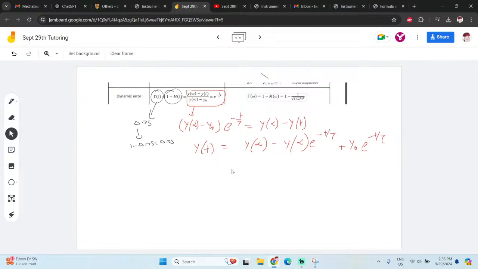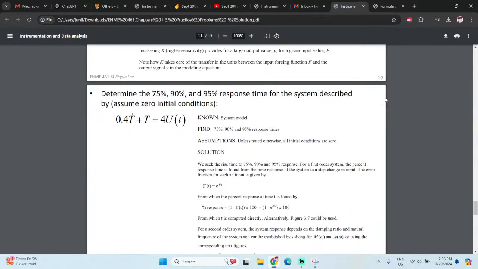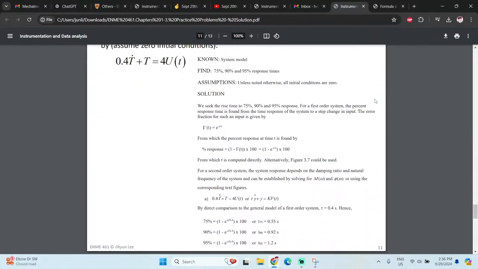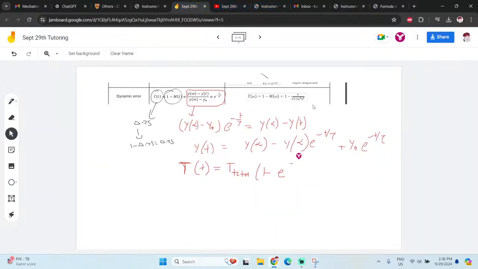Usually when you solve it, in terms of time, at t it should be equal to the total time times 1 minus e to the power minus t over tau.